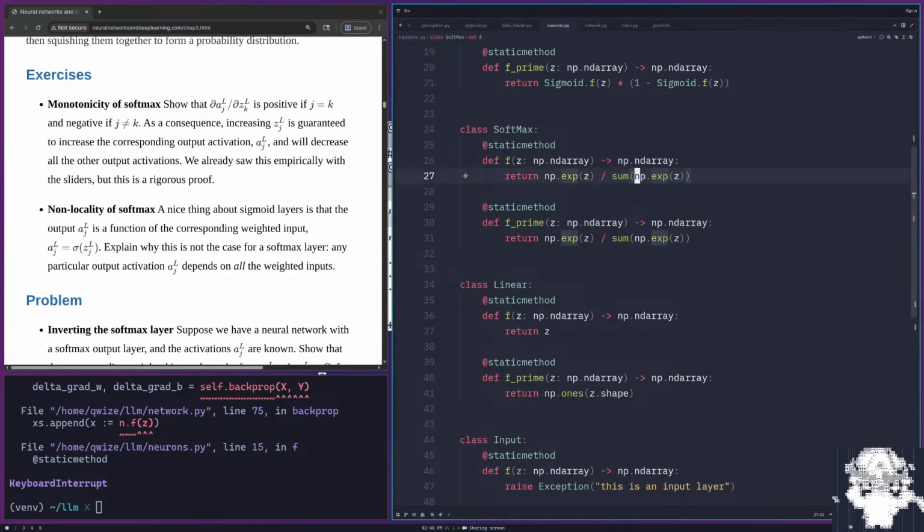If you increase the component J, that's in the numerator and the denominator. But it's more in the numerator than in the denominator, if that makes sense, because the denominator has these other terms in it.